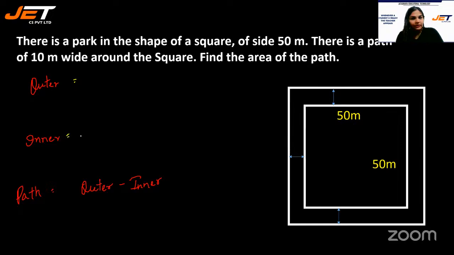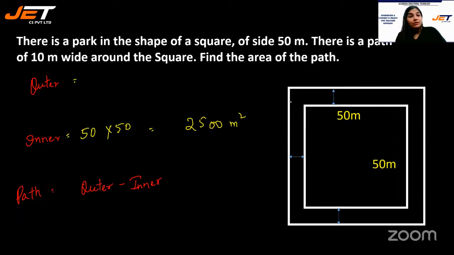The inner square has a side of 50 meters. 50 meters times 50 meters. Sorry, I made a mistake here. 5 times 5 is 25, and then 2 zeros right here. That is 2500 square meters.